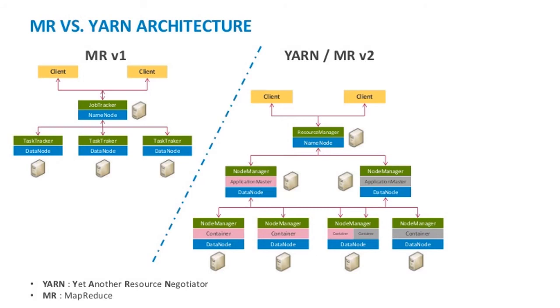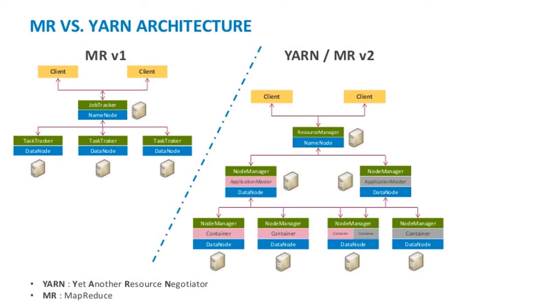Here is a very good schematic that shows you exactly what the difference is between MapReduce version 1 and the YARN MapReduce version 2. This is what happened in Hadoop 1.0. When a client launched a MapReduce task, there was a job tracker attached to the name node.